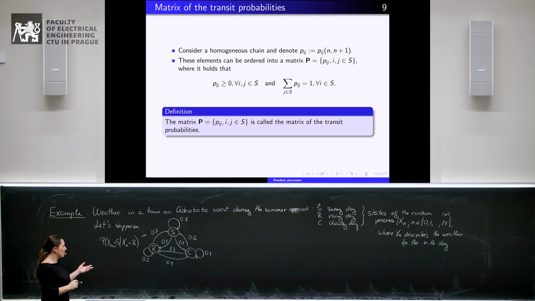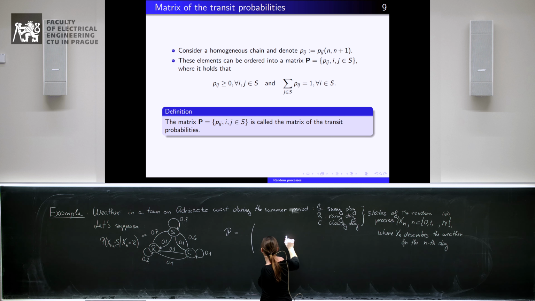And I don't know whether it is good to see in this graph what happens. So from my point of view, it is better to see it in a matrix of transition probabilities.